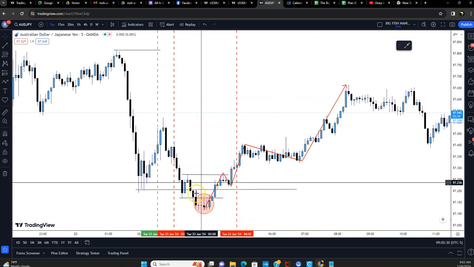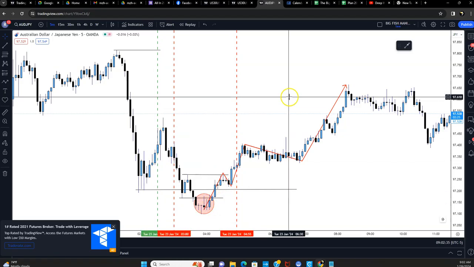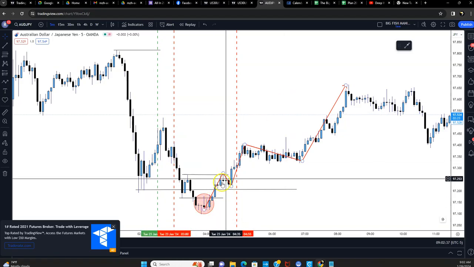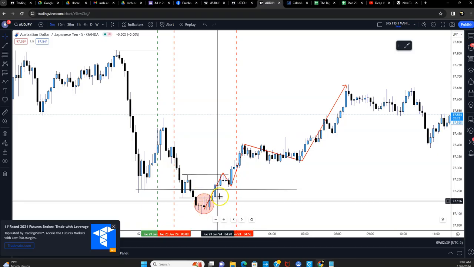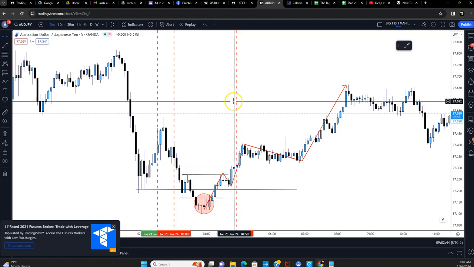And all you need to do is wait for that within that time zone and take it. This is the shift. This is the manipulation. This is a market structure shift within the hot zone. This is a London hot zone.